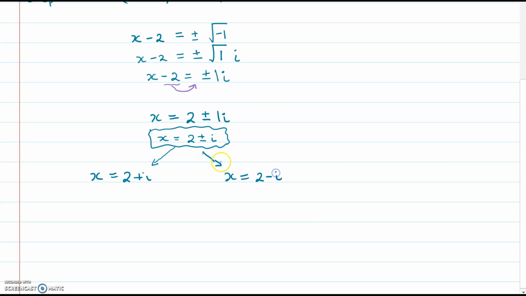Now, what I want you to see here is the relationship between these two: 2 plus i and 2 minus i. It's a little while since we've done these, but these are the complex conjugates of one another.